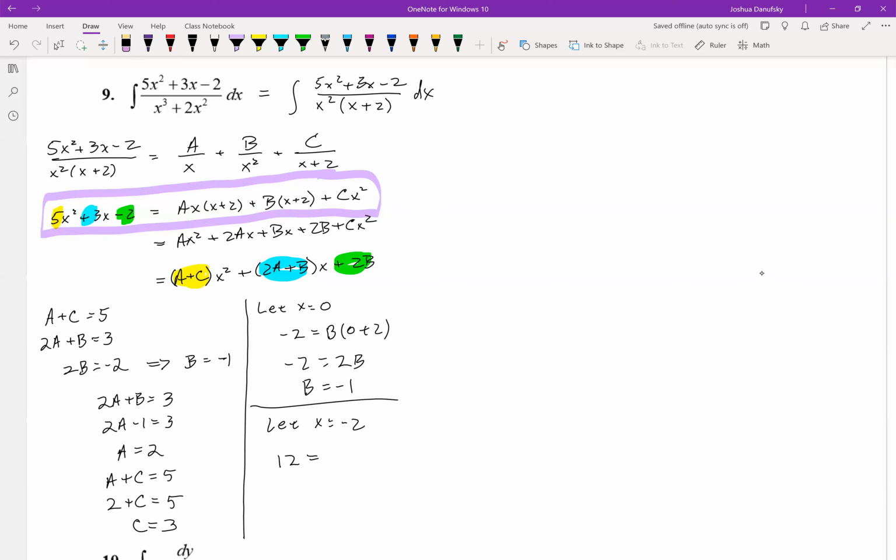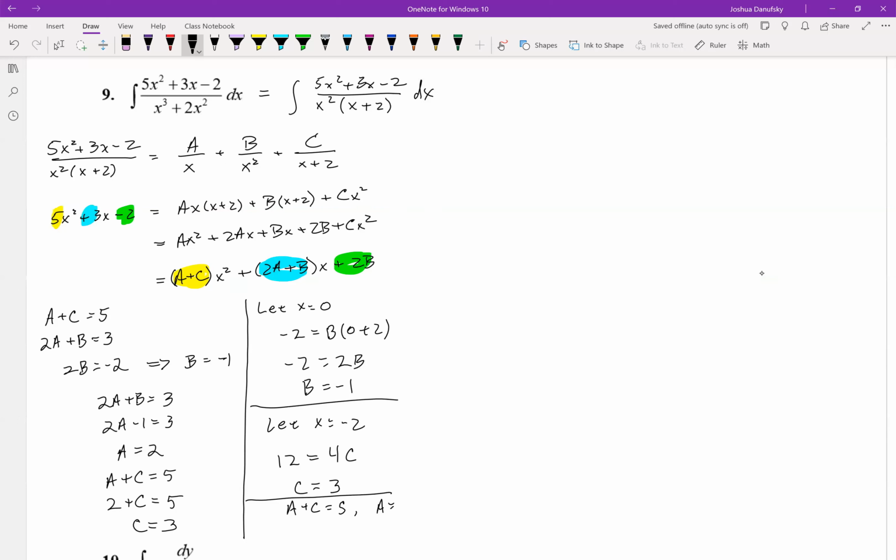And then on this side, plugging in negative 2, this factor would go to 0 because negative 2 plus 2 is 0. Same thing with this factor. And if we plug in negative 2 here, we would have negative 2 squared, which is 4 times c. And then dividing, c equals 3. And finally, once we have c, we can find a by plugging in here. And we get that a equals 2.